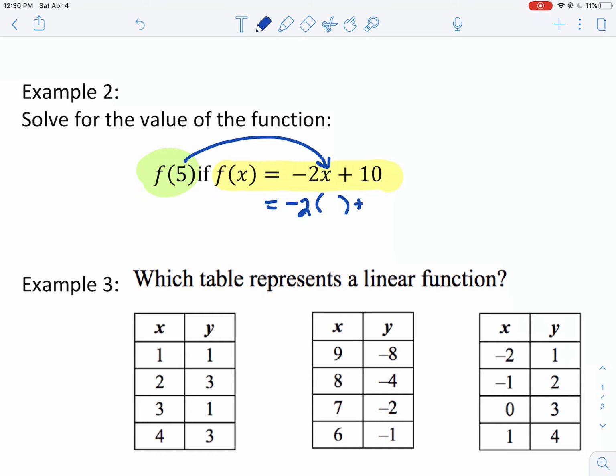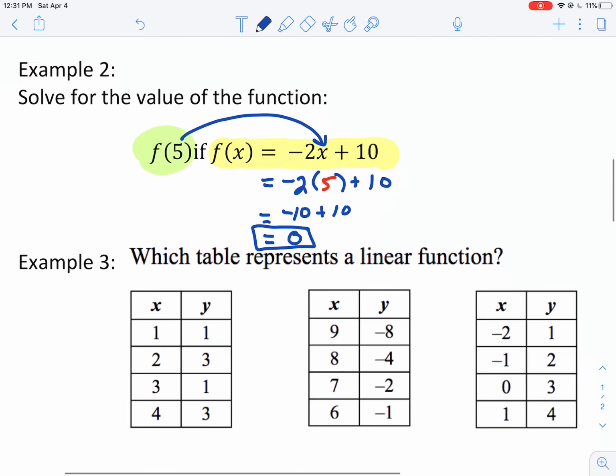Where there's x, you're going to put parentheses, and the number 5 goes in those parentheses there. Once you have this set up, you can just type that right into your calculator, or you could just do mental math. -2 times 5 is -10. Drop down the plus 10, and then simplify -10 plus 10, which gives me 0. So when I plugged 5 into the equation, my final answer is 0.